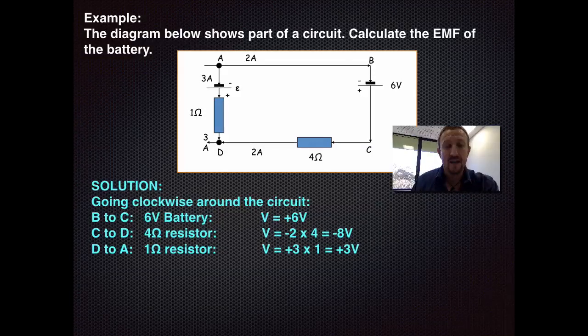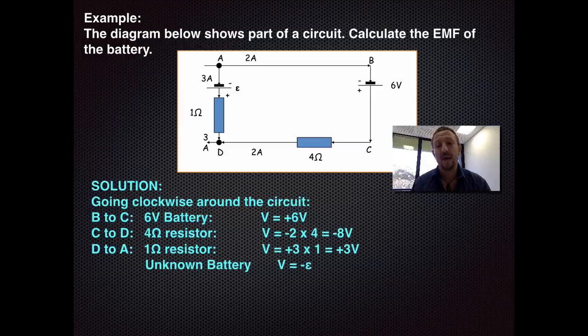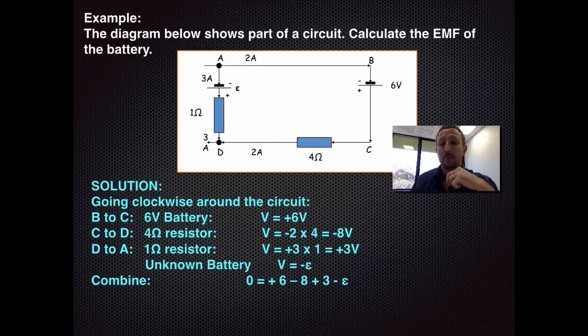Now going through the battery, notice I'm going positive to negative. So in this case, it's got a negative value. So my unknown battery has a voltage of negative epsilon, the negative EMF. So now what I do is I put all those together and make it equal zero. So as I put them all together, they've got to equal 0.